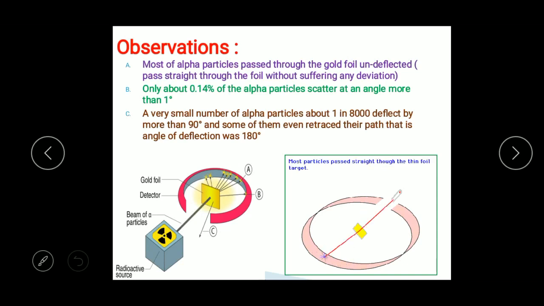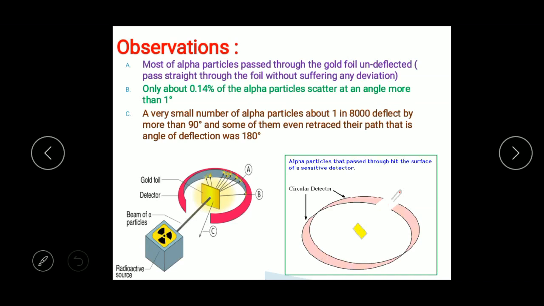That means the alpha particle after scattering retraces its original path, so the angle of scattering is 180 degrees. So what are the important observations made by Rutherford? We have to give the reason for this. That is the conclusion of the Rutherford alpha particle scattering experiment.